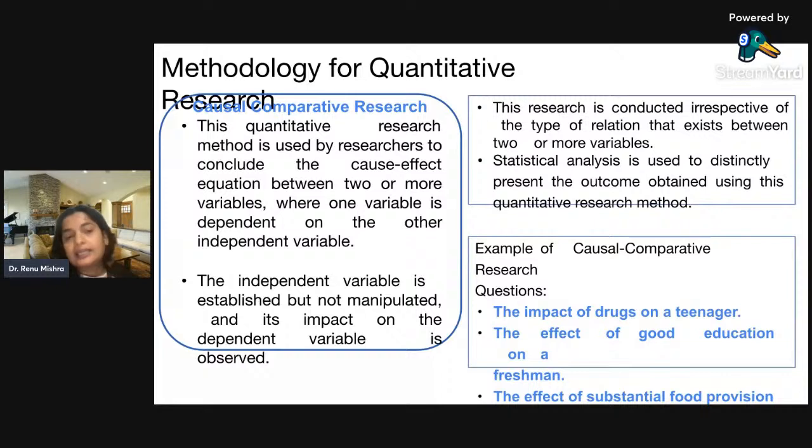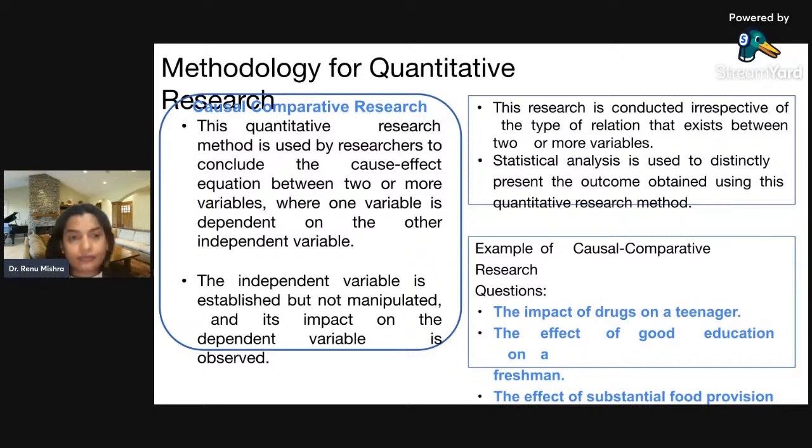Now, basically, this type of research is done when you are trying to understand cause and effect, whether one variable is dependent on another one, which is called independent. I told you about independent and dependent, right? Now, you identified the variables from your literature review. So you want to understand what kind of change an independent variable causes in the dependent variable.